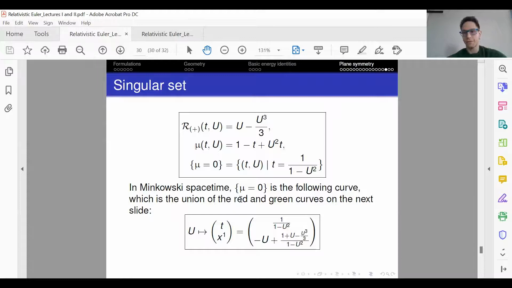you have to be careful about how you think about what it means to describe the singular set, because we have two different coordinate systems. We have TU, which is kind of like an artificial coordinate system comprised of characteristic curves that we've chosen to introduce so that we can do analysis. But at the end of the day, let's say the real physical space-time is the Minkowski space.